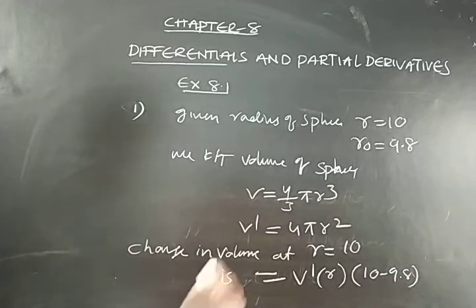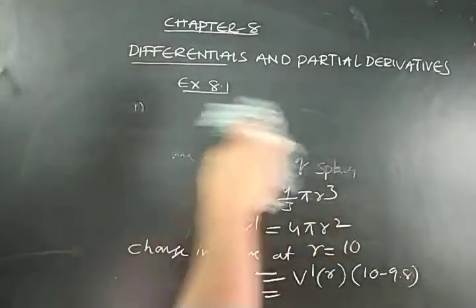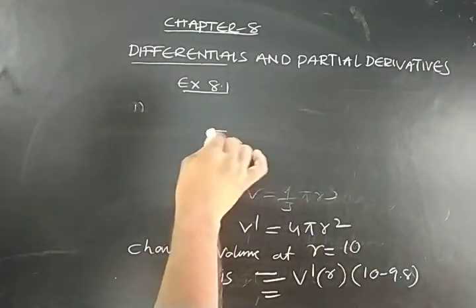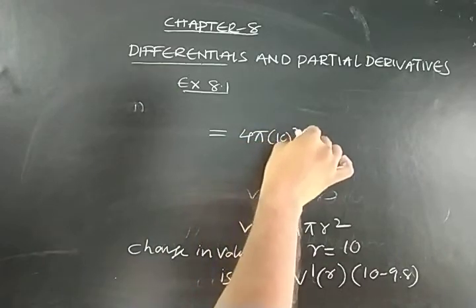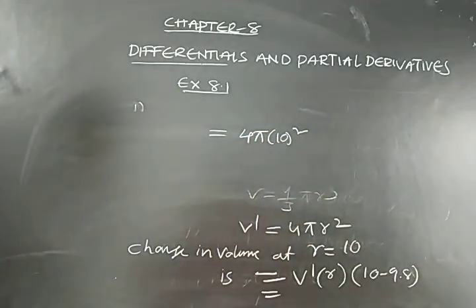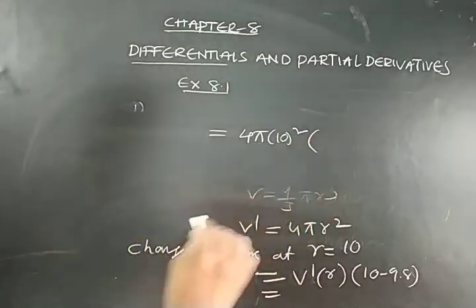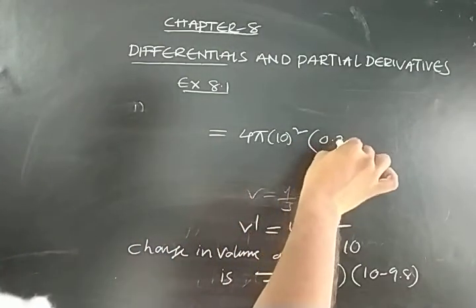So v dash of r, I am substituting 10, so you will get 4 pi into 10 square into 10 minus 9.8, that is 0.2.